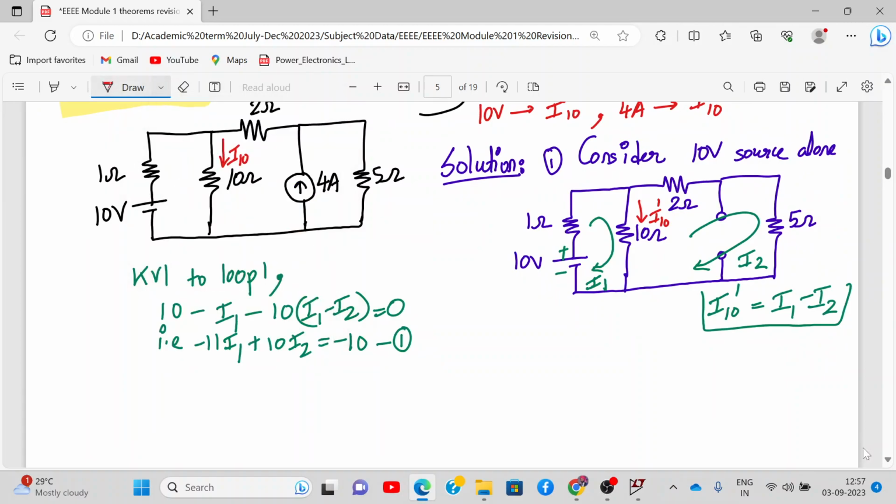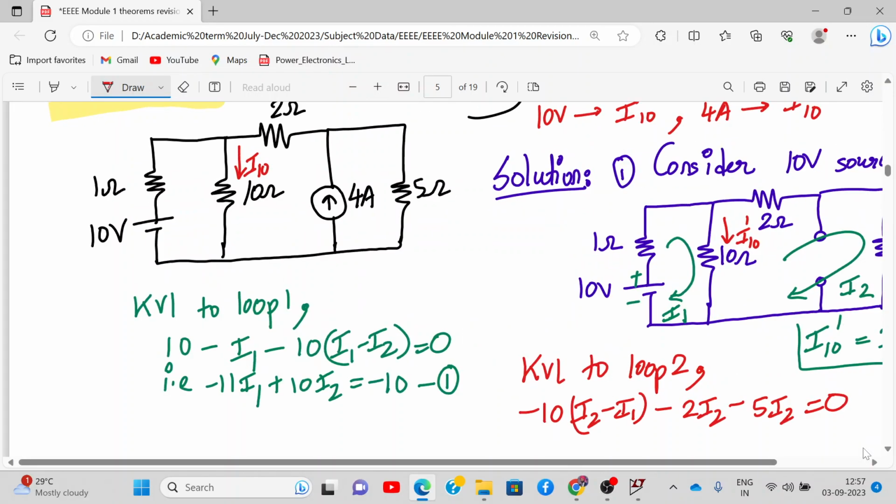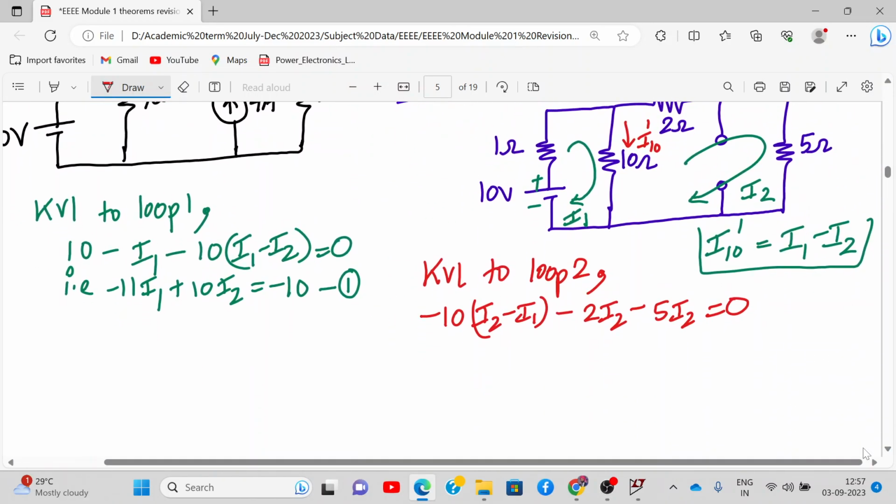Then we apply KVL to loop 2. Here it is loop 2. So it is minus 10 times (I2 minus I1) minus 2 I2 minus 5 I2 is equal to 0. That is, this will be 10 I1 minus 17 I2 is equal to 0.